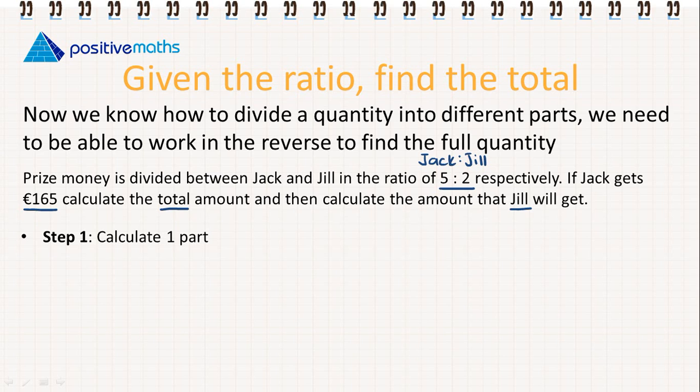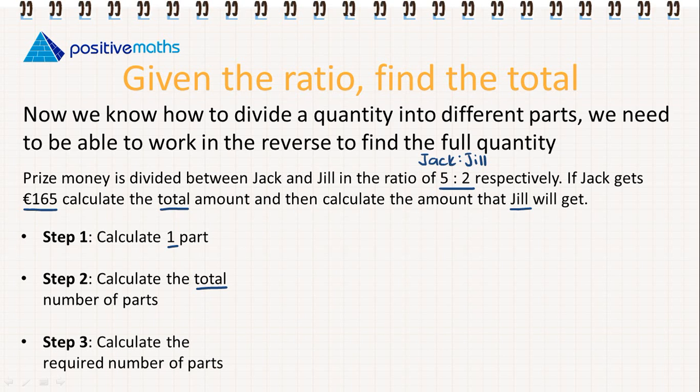Okay, so we're going to break this into parts. Step 1, we need to calculate one part. Step 2, calculate the total number of parts. And then step 3, calculate the required number of parts. So this is really to find out what Jill gets.